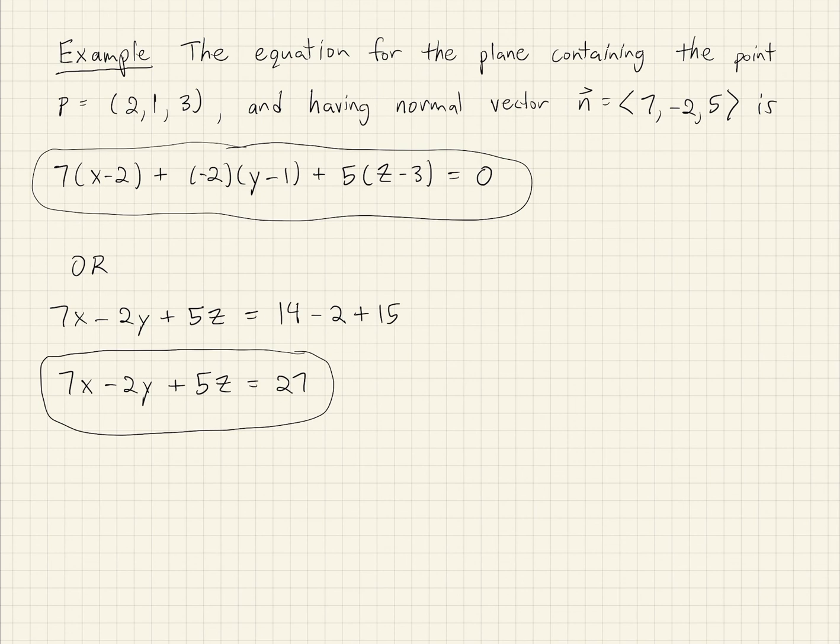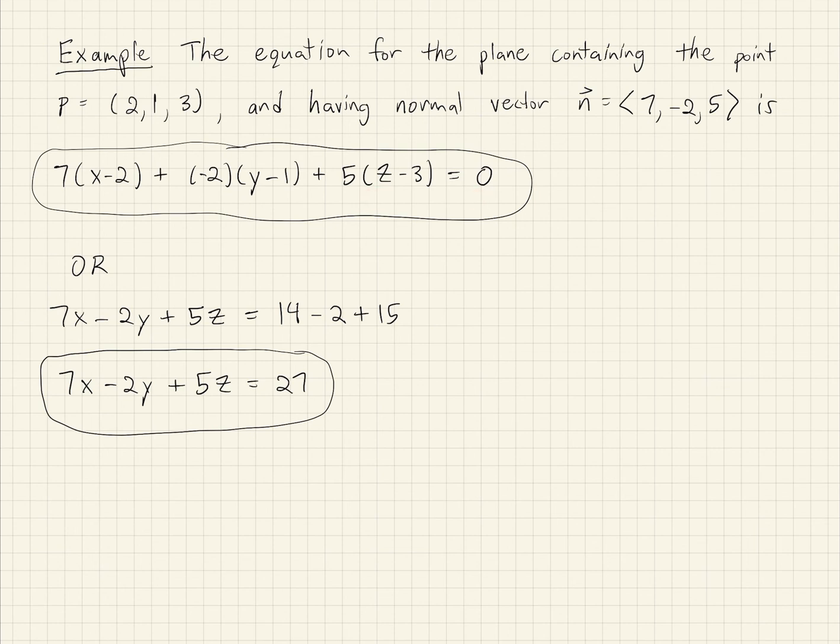All right, so example: the equation for the plane containing the point P equals (2, 1, 3) and having normal vector n equals (7, -2, 5). Well, just using the middle equation from the last page, you would get 7 times (x minus 2), plus (-2) times (y minus 1), plus 5 times (z minus 3) equals 0.